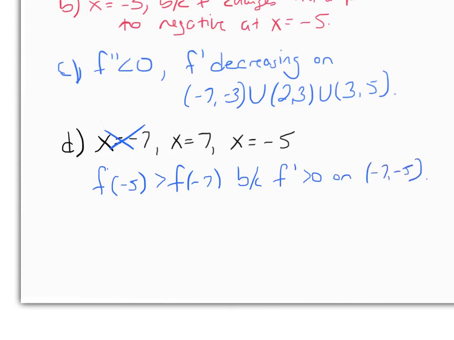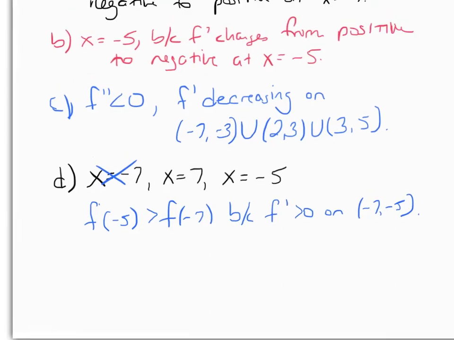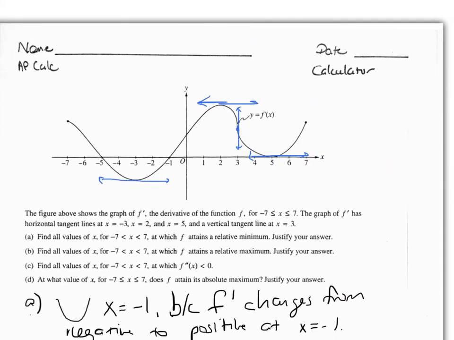Okay. So now let's decide between negative 5 and 7. So think about what's happening with the function. Here's x equals negative 5. Our derivative is negative, which means that our function is decreasing from negative 5 to negative 1. And then our derivative is 0 here, and then positive here.